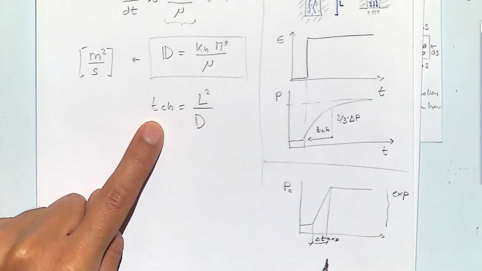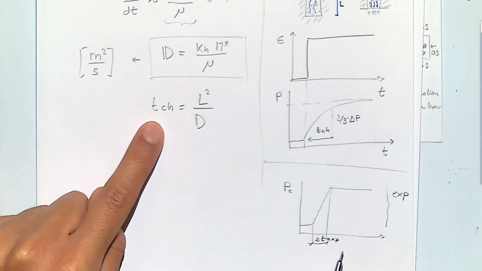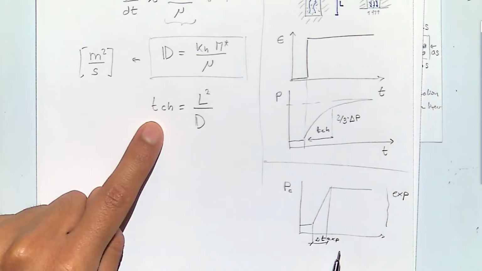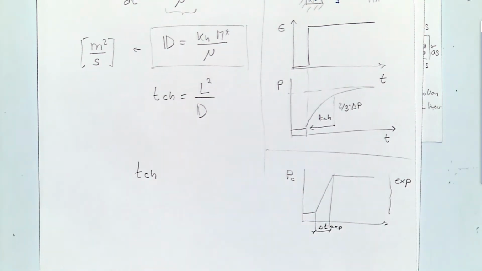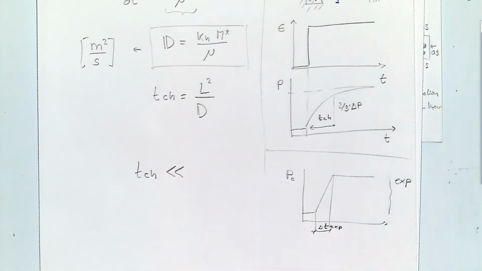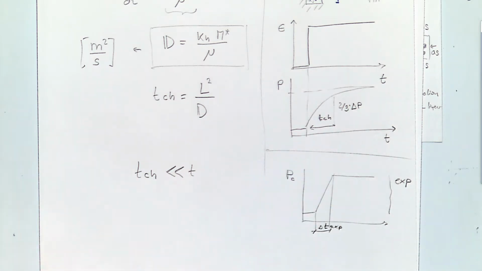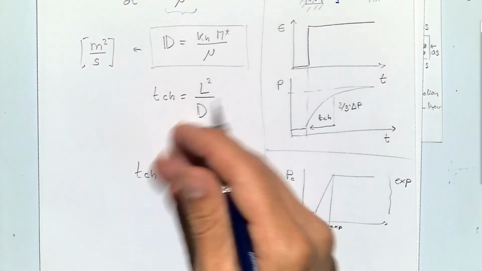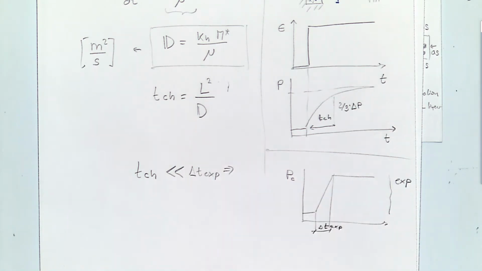If the characteristic time is a lot smaller than the experimental time, that would mean that the process is, let me write that down, if the characteristic time is smaller than the delta t of the experiment, that would mean that, should that be drained or undrained?